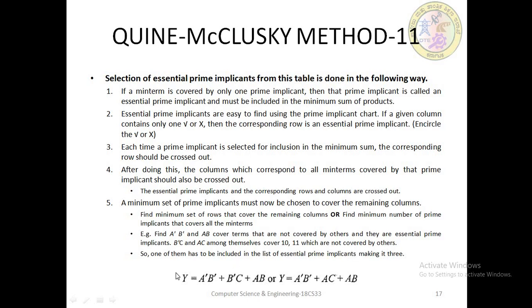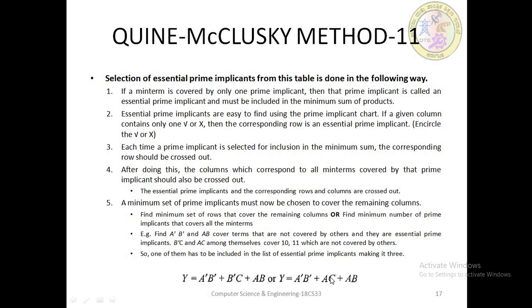So, with respect to the previous session, the previous problem which we have solved, one of them must be included in the list of essential prime implicants. So making this a 3 here. These are the essential prime implicants, as already explained: AB' and AB. These must be there in the final expression. But for these two, we have B'C as well as AC.